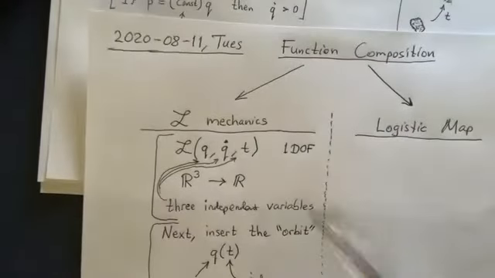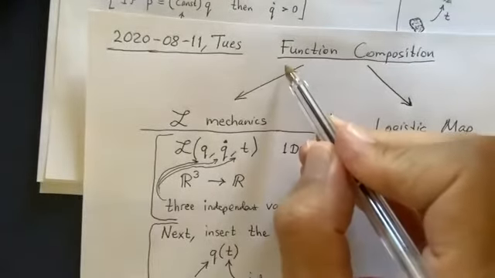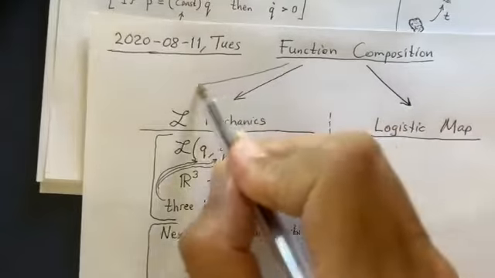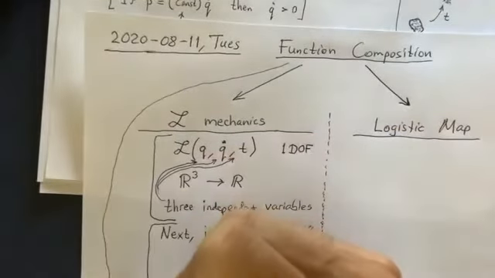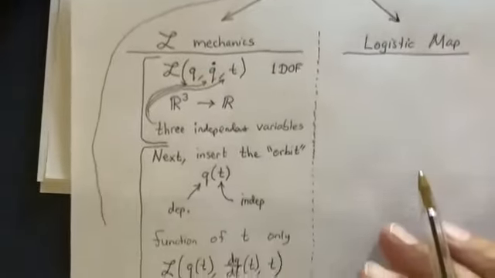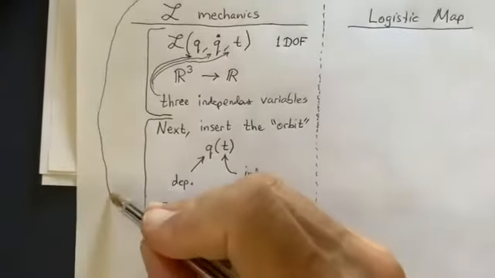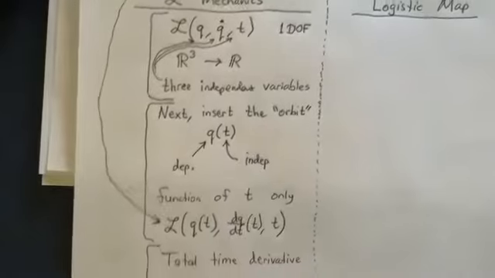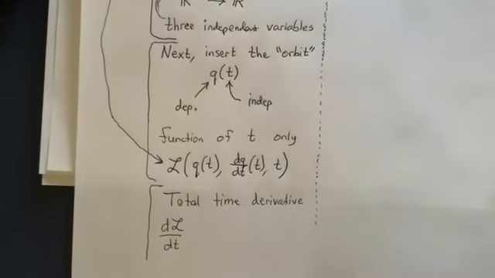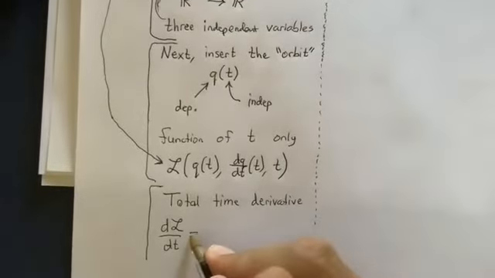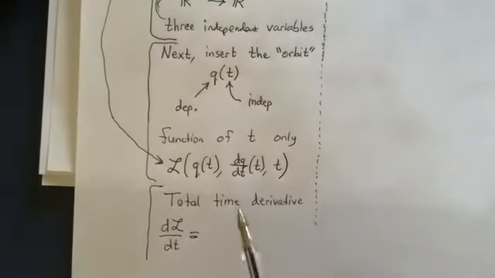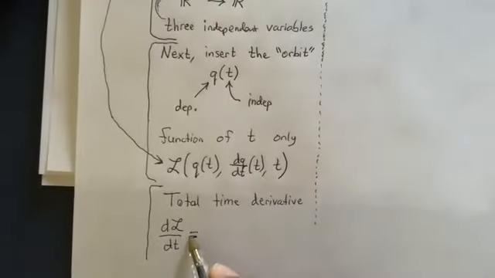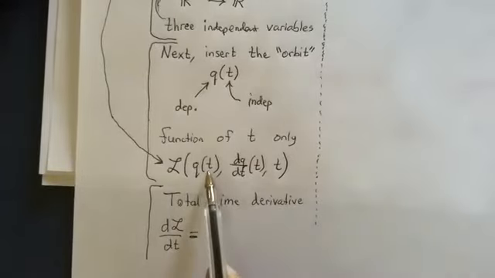Let's draw a big arrow down here, functional composition. Here we go. Big arrow all the way. And now I'll move the paper. Okay, that was the functional composition. The total time derivative, we must look for any occurrence of the time t and then use the chain rule. So here's a t.